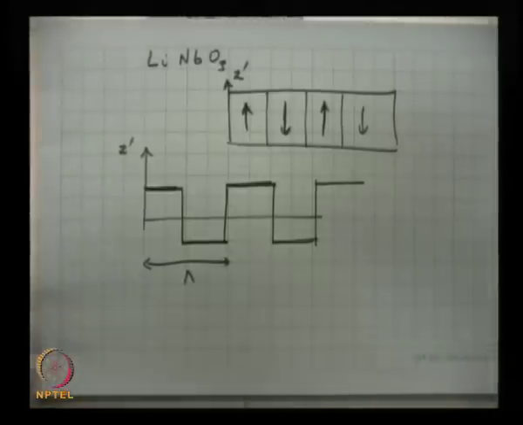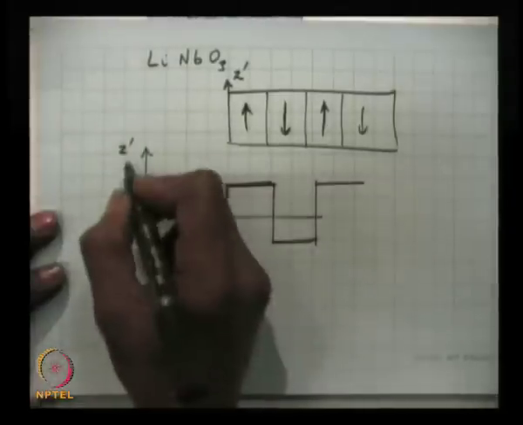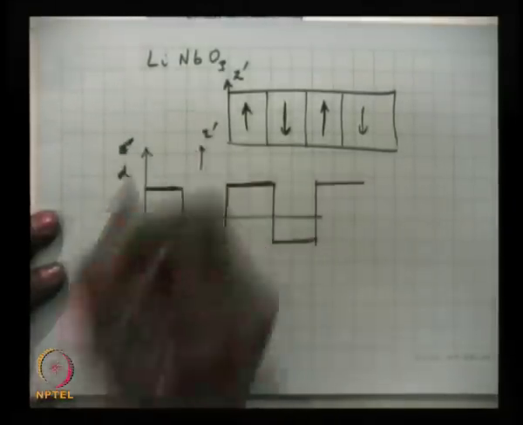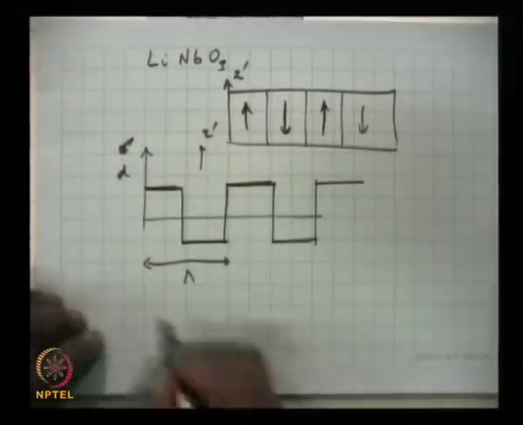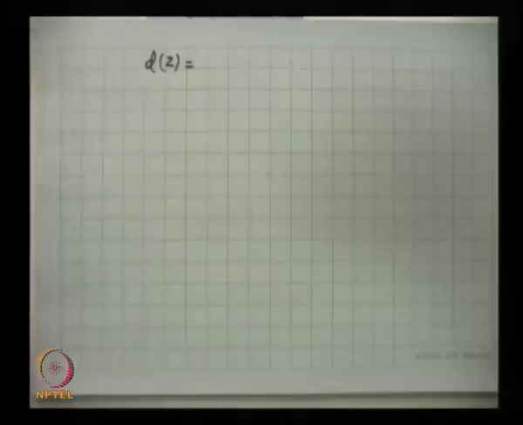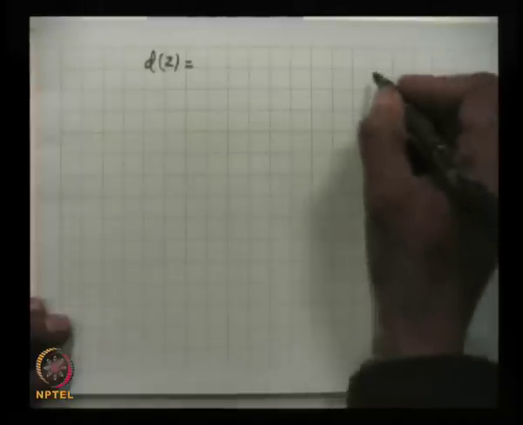Let me take a D, so this z axis, the z prime axis, is like this, and this is a D value. D is positive, negative, positive, negative. So let me look at a D tensor like this. Okay, let me draw a figure here and then write the corresponding expression.